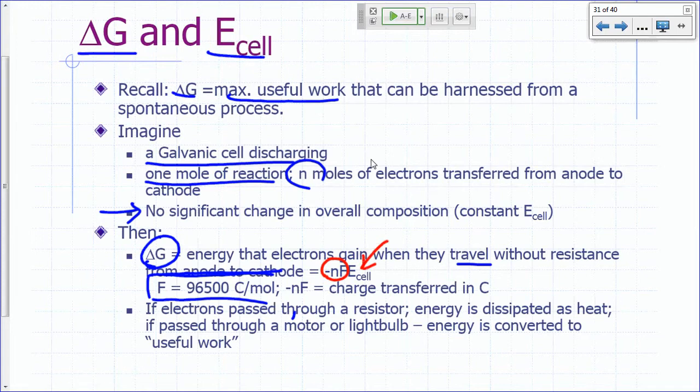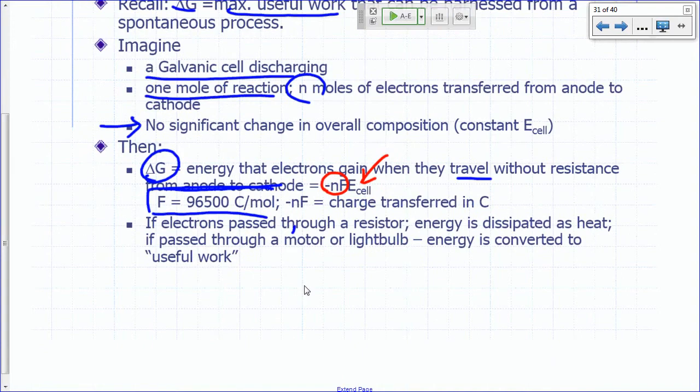Multiply that by the voltage, and that gives you the energy that the electrons will gain. We did a similar calculation like this in the last lesson. So if electrons are passed through a resistor, then the energy that these electrons gain will just be dissipated as heat.